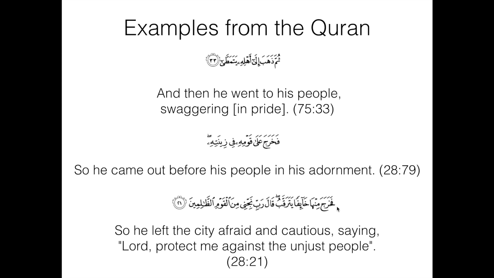But the point is that when he left, فَخَرَجَ مِنْهَا, from the city or from it, خَائِفًا, afraid, يَتَرَقَّبُ, he was cautious, he was looking, making sure that nobody is following him. قَالَ رَبِّ نَجِّنِي مِنَ الْقَوْمِ الظَّالِمِينَ. He said, Lord, protect me against the unjust people.